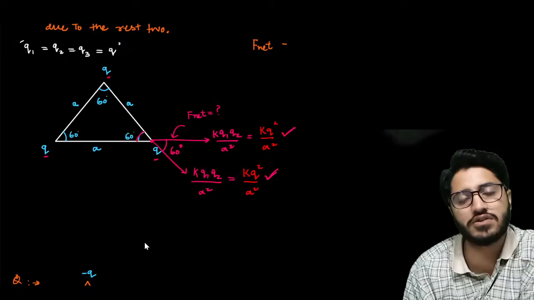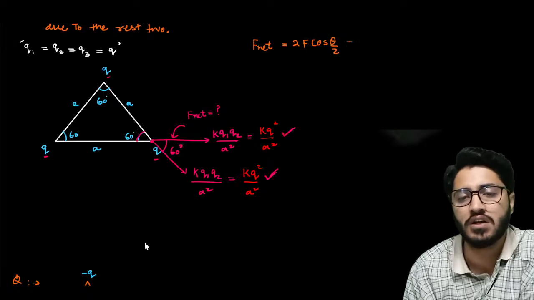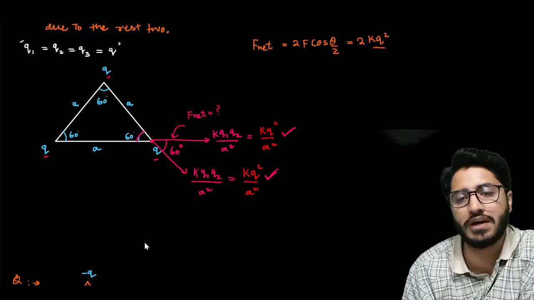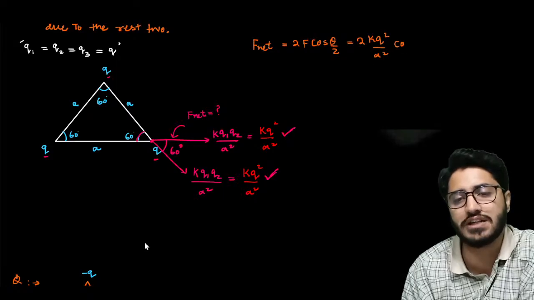F net is equal to 2F cos theta by 2, the shortcut way. F is K Q square by A square, and theta is 60 degrees, so cos theta by 2.